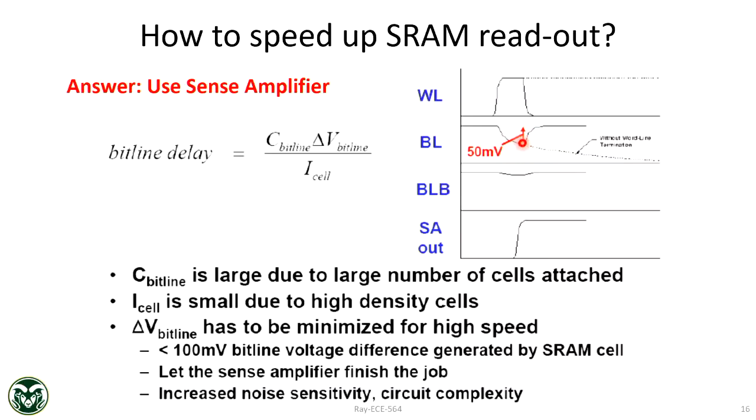Suppose it is 50 millivolt, then use this equation: bit line capacitance times this change in voltage divided by current. The current is your saturation current, for example the NMOS saturation current, through which the bit line will discharge. And this equation will tell you the delay. You see how this equation comes in?